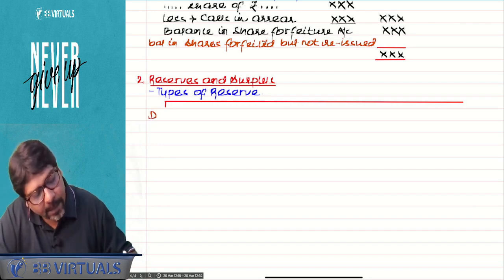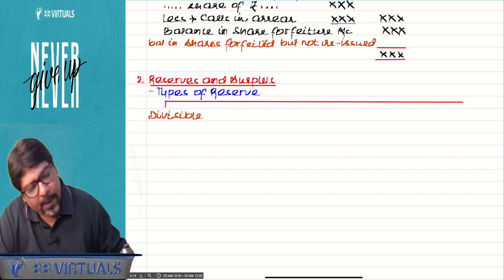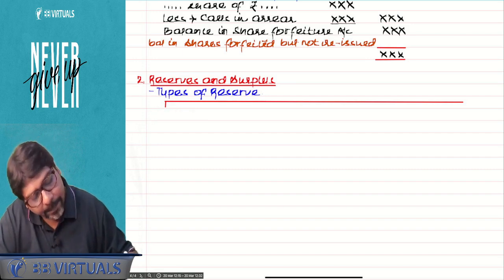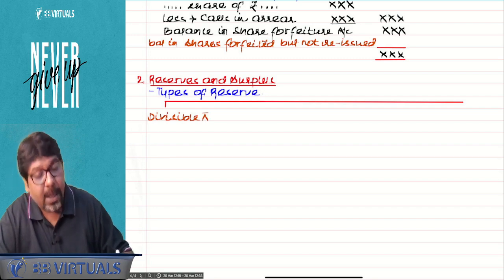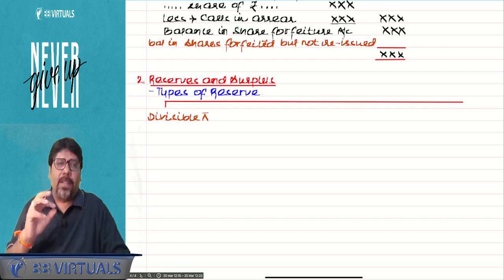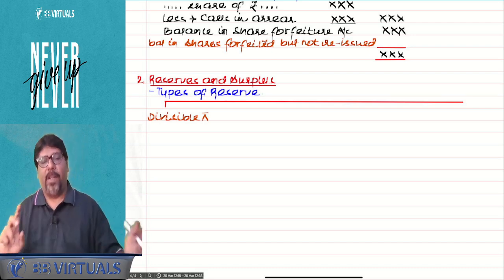Divisible profits. These are those reserves which are available for distribution of dividend.